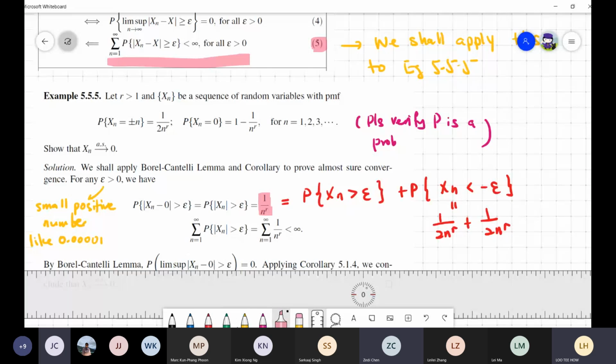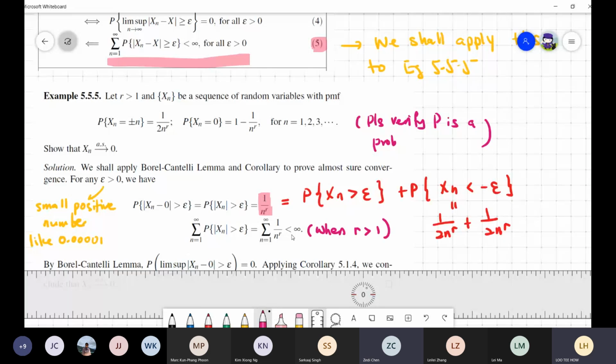So this is 1 over n to the power of r. If we take the summation for n from 1 to infinity, that is less than infinity when r is greater than 1.